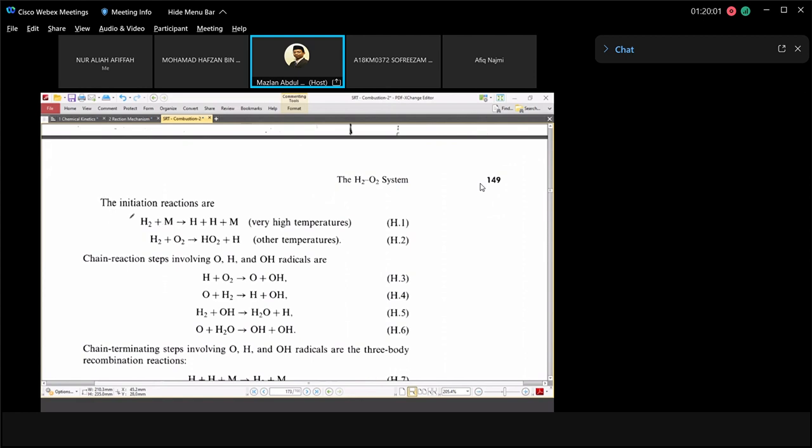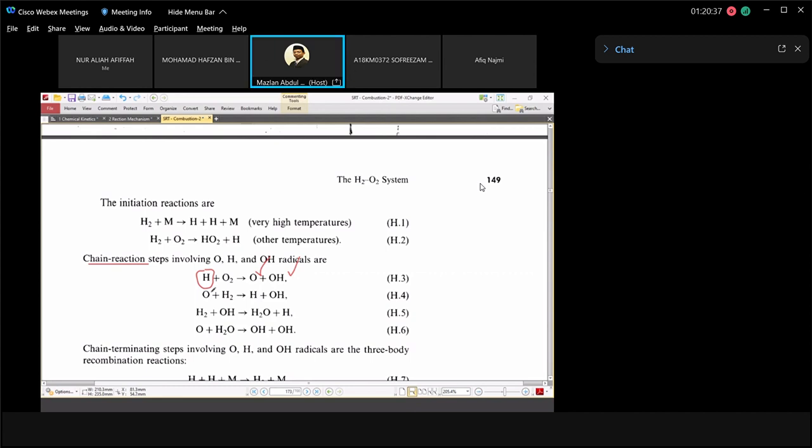We have initiation at very high temperature, and then at other temperatures, chain reaction steps involving O and OH radicals. Chain reaction means one radical splits, producing more than one radical. For example, one radical, which is hydrogen, produces two extra radicals. That's called chain branching.